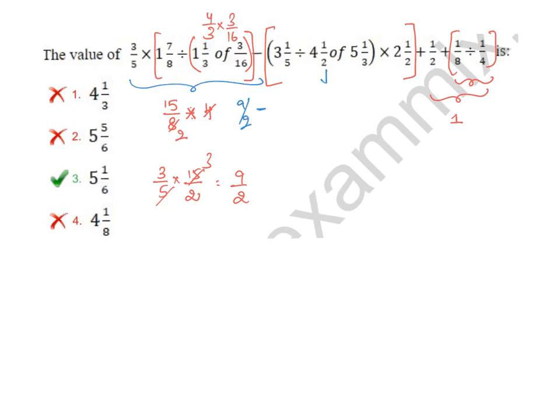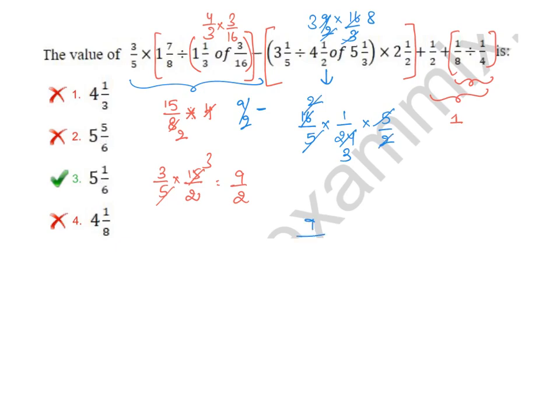So this whole thing becomes 9 by 2 minus, now within the bracket you try to find it out. So this is 16 by 3, 3 is 24 it becomes. So you have 16 by 5 into 1 by 24, again into 5 by 2, you have 5 5 cancel, 8 2 is 8, 3 is 2, 2 cancel, 1 by 3 you got.